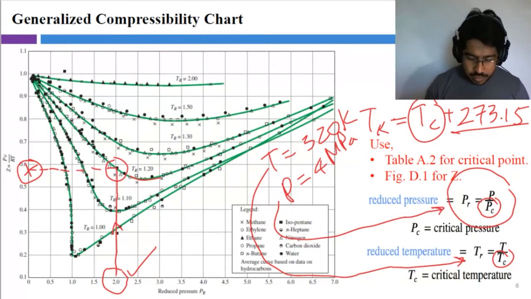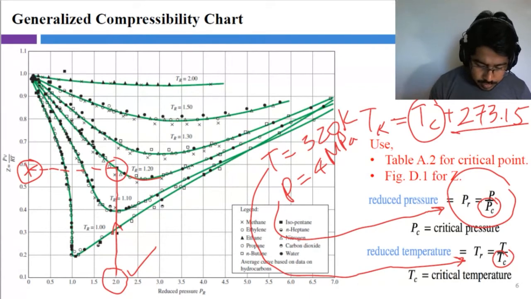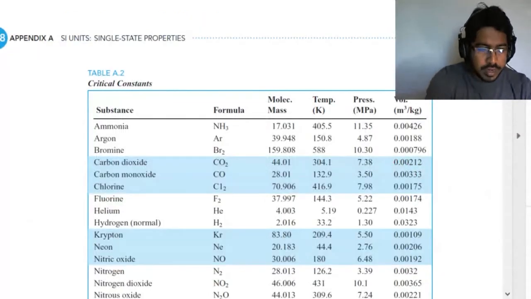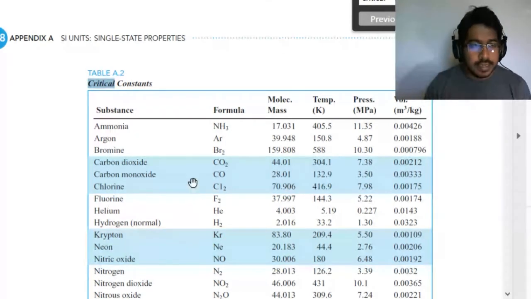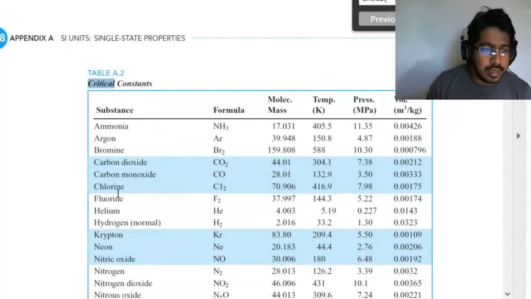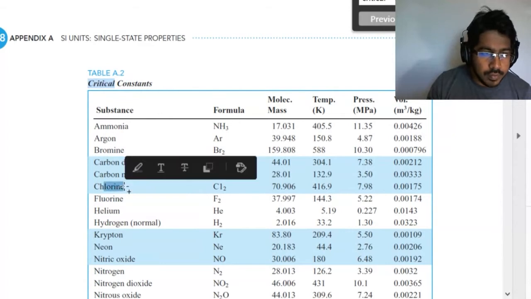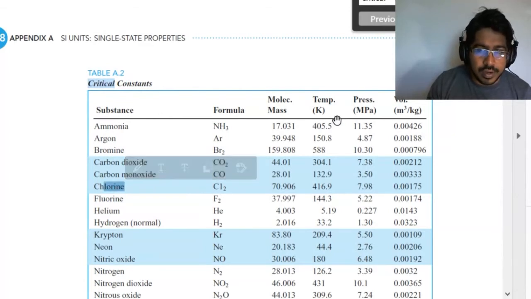You go to property tables. If we quickly go to property tables here, I will search critical, because I need to see critical constants, and I will be led to this table. Depending on the substance, I can find my critical pressure, critical volume, and critical temperature.